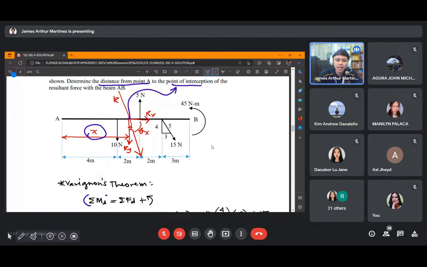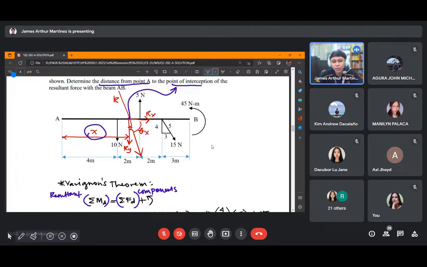Take note, class: from Varignon's theorem, the summation of moment at point A with respect to the resultant force R is equal to the summation of moment with respect to its components of the whole system.